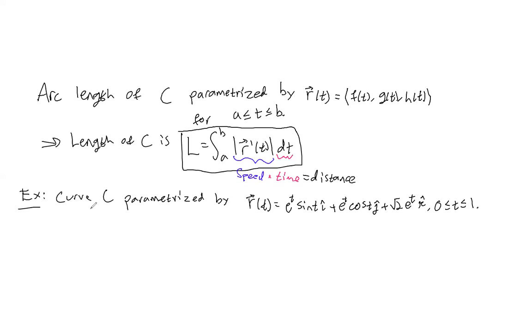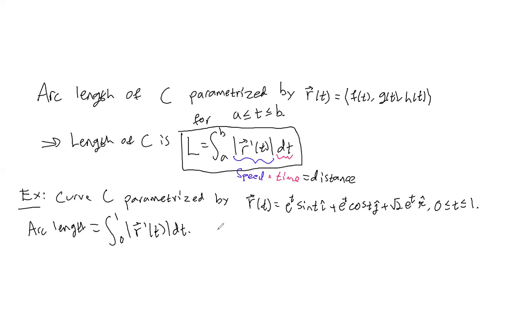It doesn't have to be between 0 and 1, that's just an example. And the arc length is the integral from 0 to 1 of the magnitude of r prime of t dt.